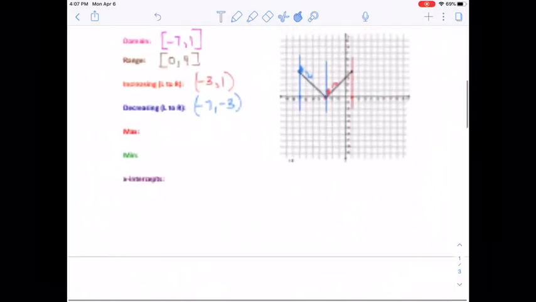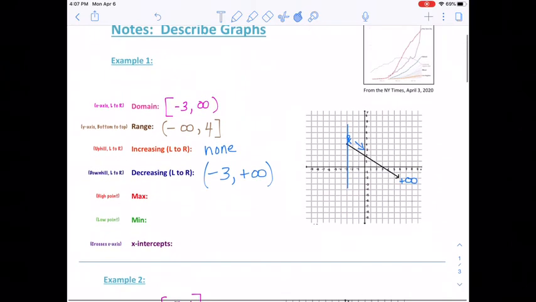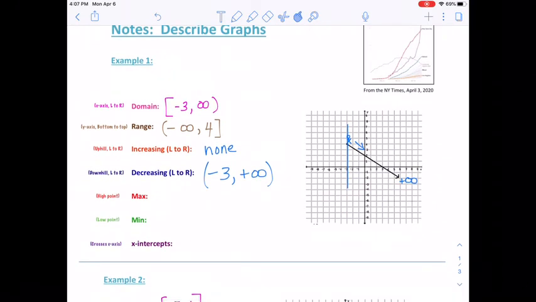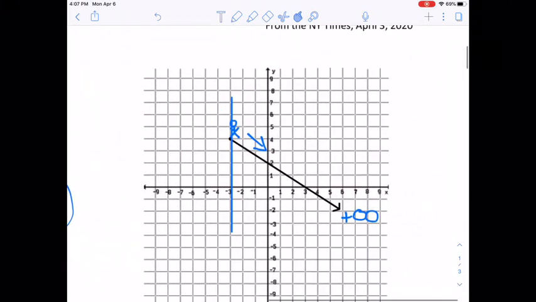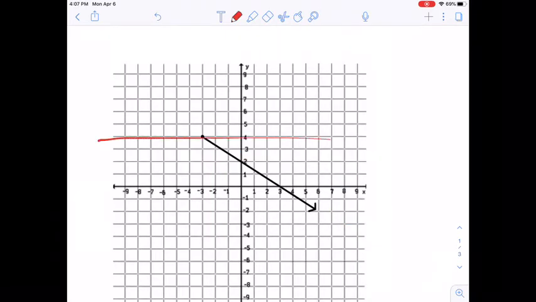Okay, let's go back to example 1 now and look at maximum, minimum, and x-intercepts. Maximum is the highest point on the graph. So the highest point that this graph reaches is right there. The coordinates of that point are -3, 4.